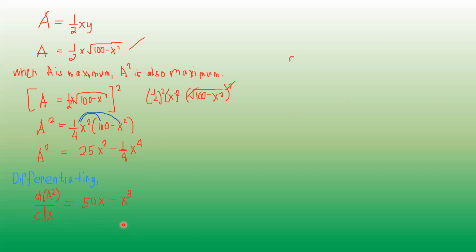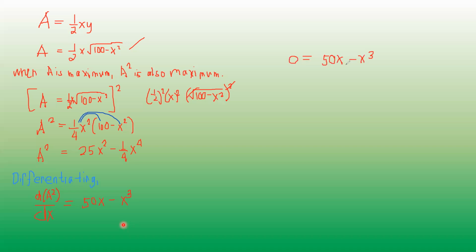Kaya magiging 0 is equal to 50x minus x cube. Ano ang common ng dalawa? Pareha silang may x, di ba? X ito, raised to 1, ito ay x cube. So ang common yung mababang exponent. 50x minus x cube, parehas may variable na x.